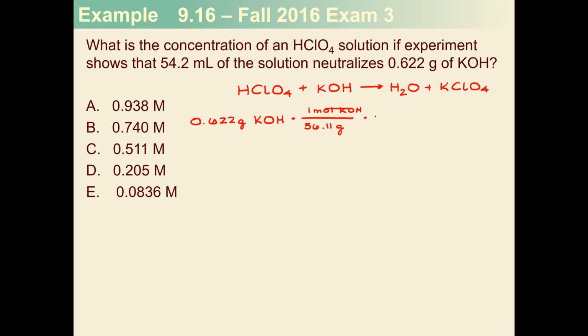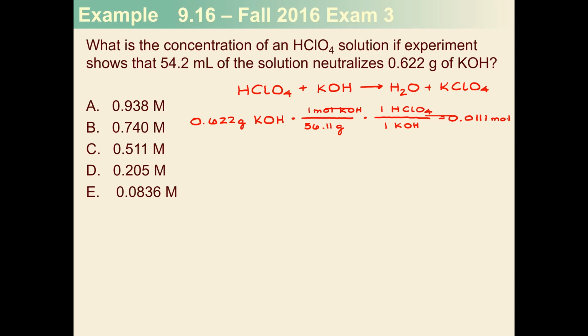And just to verify that I have my stoichiometric amount, I can say 1 HClO4 is used for every 1 KOH. If I do that, I end up producing a number of moles of HClO4. If I do that, you will see that that value is 0.0111 moles of my acid.